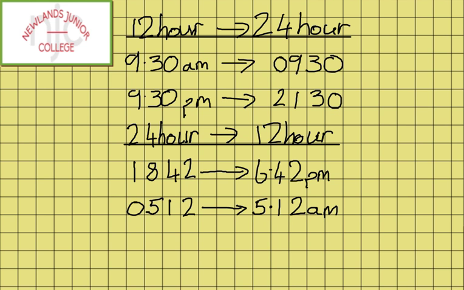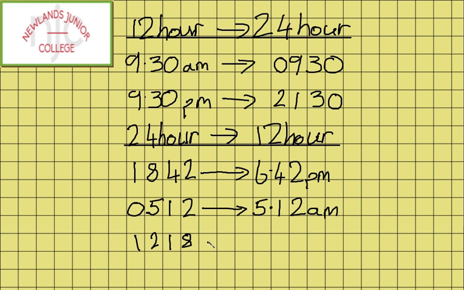Just before we finish, here's one final example. What if the numbers at the start are neither less than 12 or more than 12, but in fact are precisely 12? So let's say we have 12:18. What happens then?